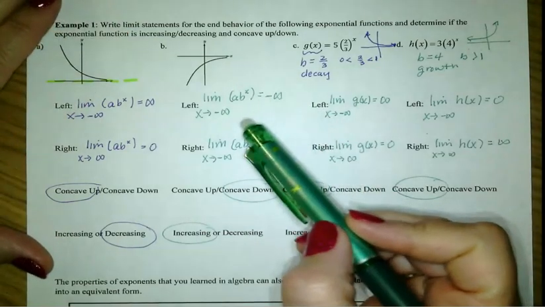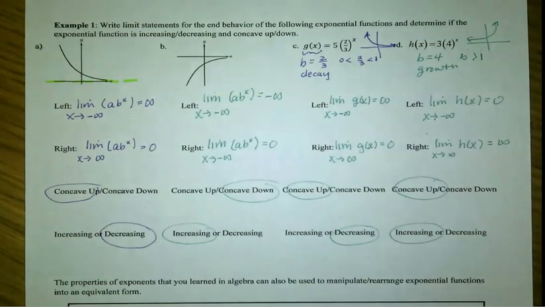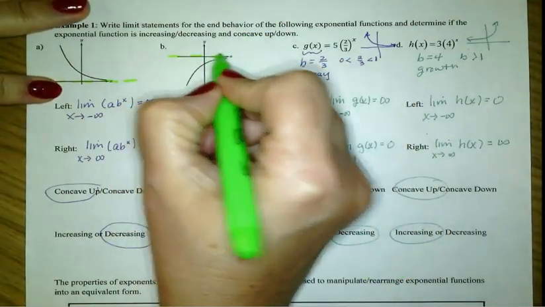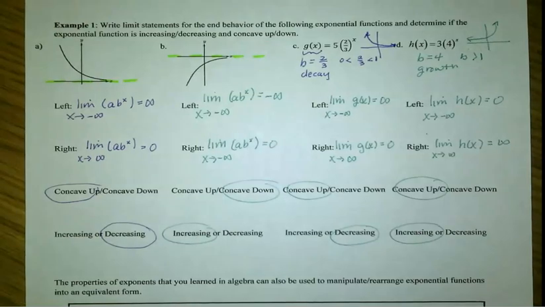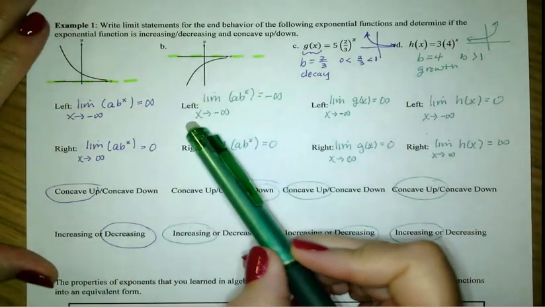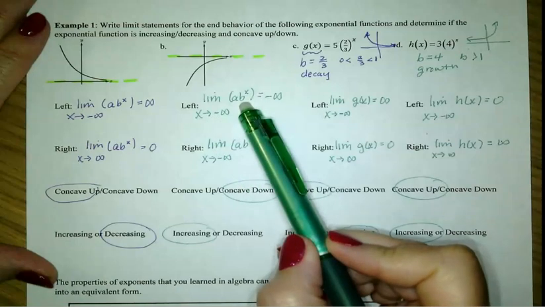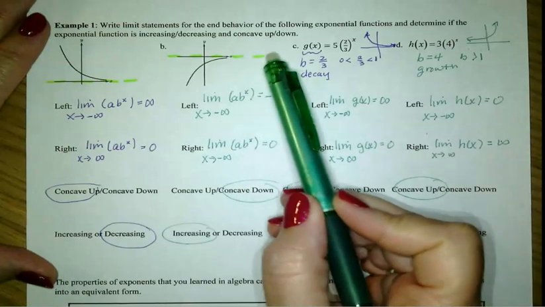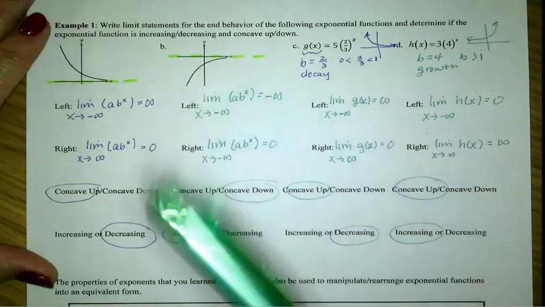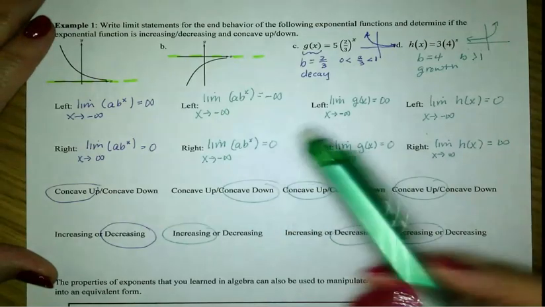So if we start with B, again, don't forget that we have that horizontal asymptote right here. So as you're looking at this problem, we keep that in mind. And then we can say to the left, so the limit as x approaches negative infinity of our function is moving toward negative infinity. So as this graph curves around and it's moving down, the y values or output values are going to negative infinity.